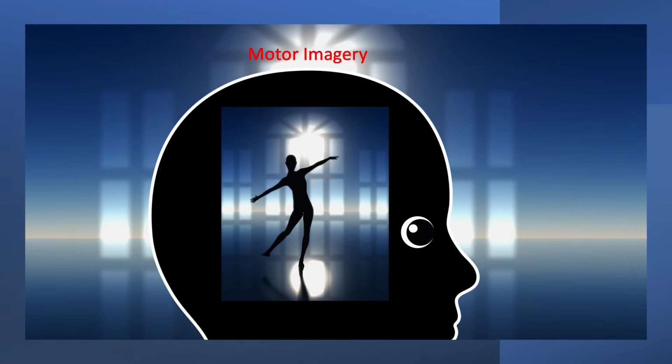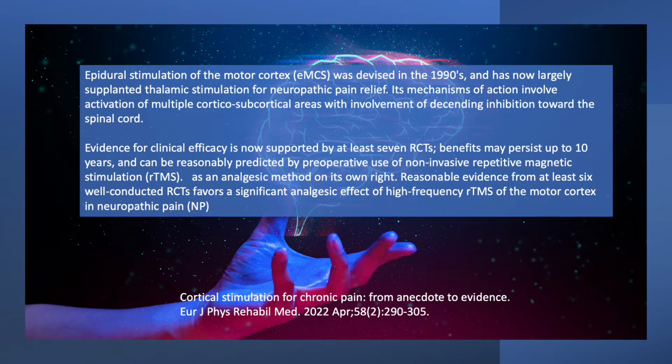Let's take a look at some of the research which suggests that activation of the motor cortex, with techniques such as motor imagery, may be beneficial in suppressing chronic pain. From the European Journal of Physical Rehabilitation Medicine, published in 2022, the authors discuss how motor cortex stimulation has emerged as the treatment of choice for neuropathic pain syndromes.